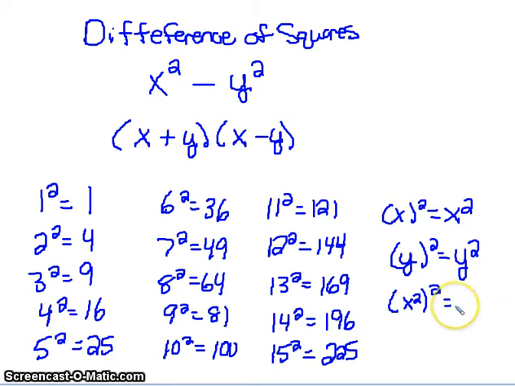X squared squared would be x to the 4th. If you see y squared squared, you would get y to the 4th. So, if I give you one of these perfect squares, you can break it down using the difference of squares.